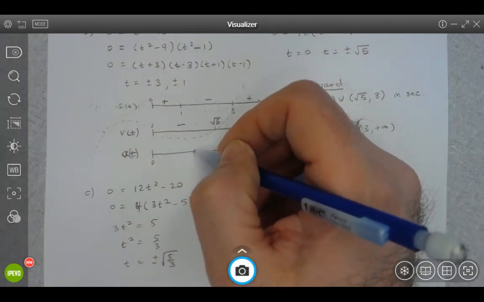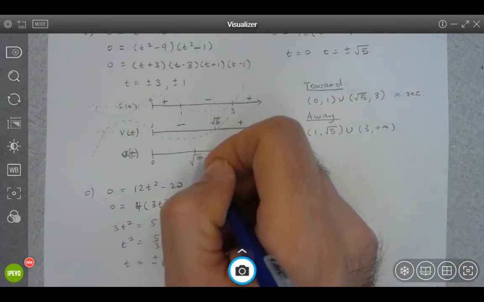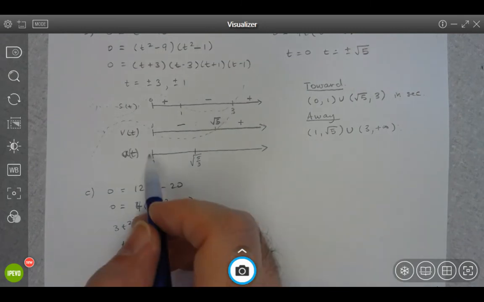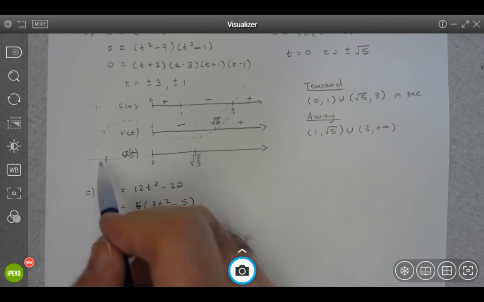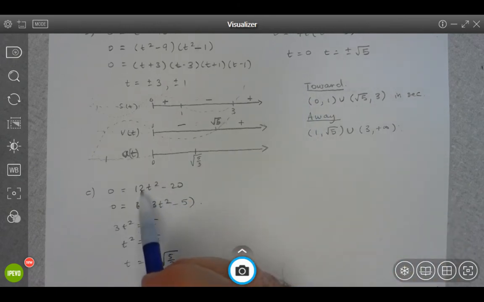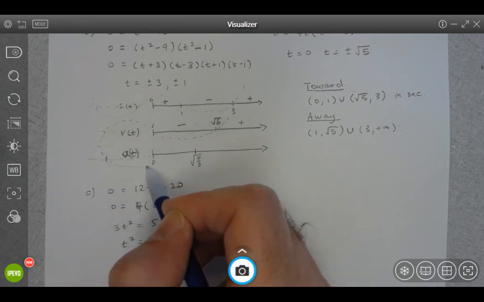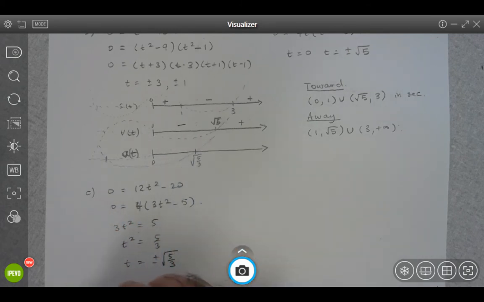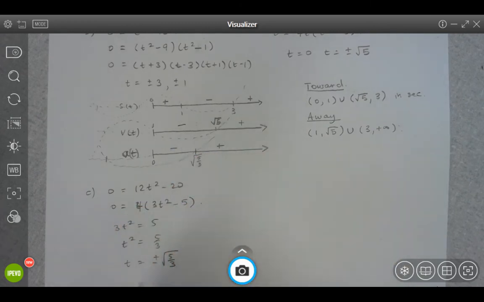It's going to be a little bit bigger than 1. So there's my root 5 over 3. If I extend it over and know that I've got another 0 there, and I see that I've got a quadratic with a positive leading coefficient, so of course my graph is going to look like this, and it's going to be negative on the left and positive on the right.